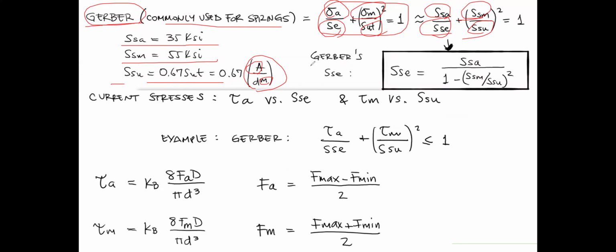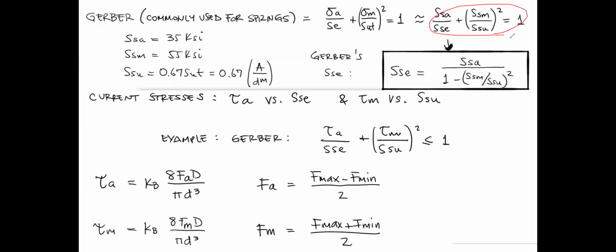And we can replace the SUT here, so we can check the A and the M coefficient. Then we just rearrange this equation, and we can get the Gerber's shear endurance limit.